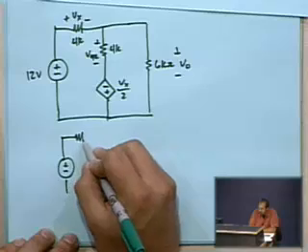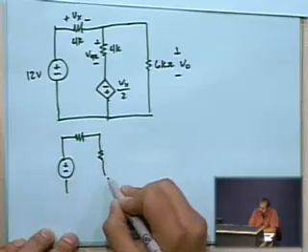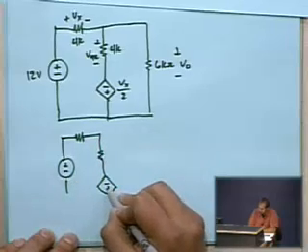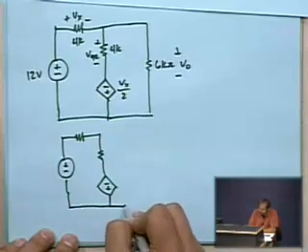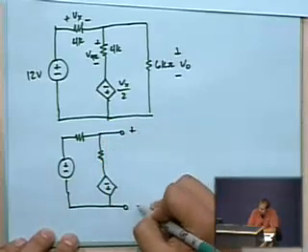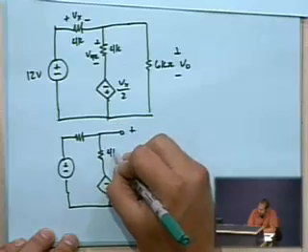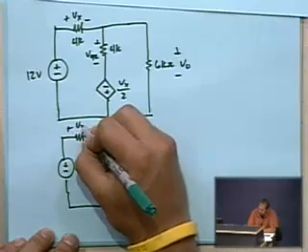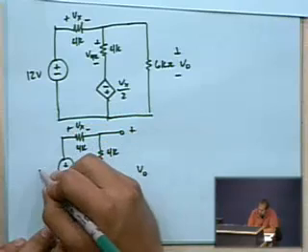So here's our circuit that we need to analyze: the 4K resistor, the dependent source, the 4K resistor, and 12 volts, to find the open circuit voltage.